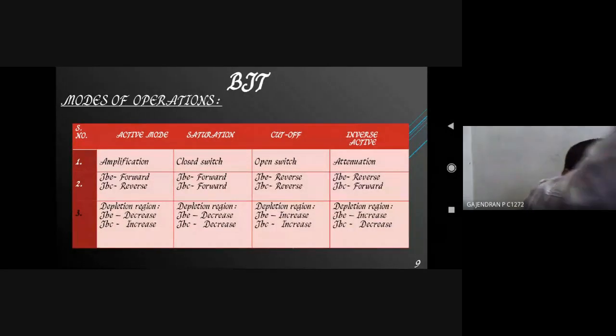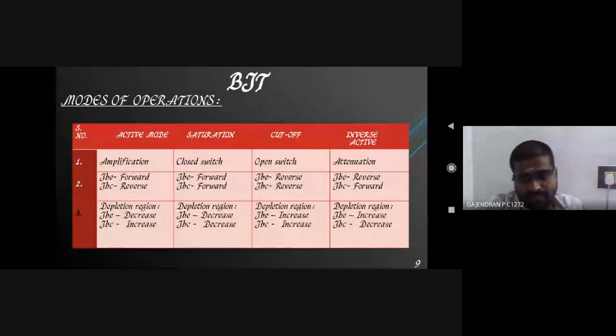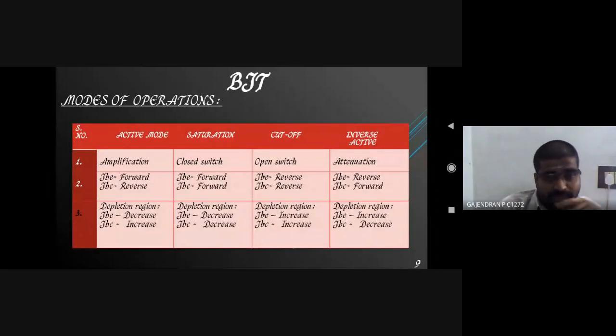In active mode, the base to emitter junction is forward biased and the base to collector junction is reverse biased. The depletion region decreases in the base to emitter junction, while in the base to collector junction the depletion region increases.